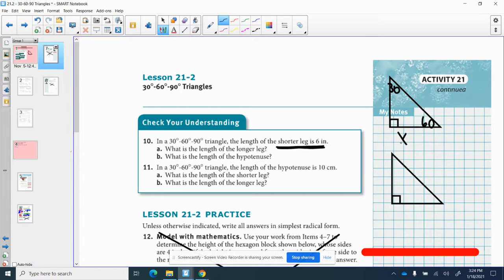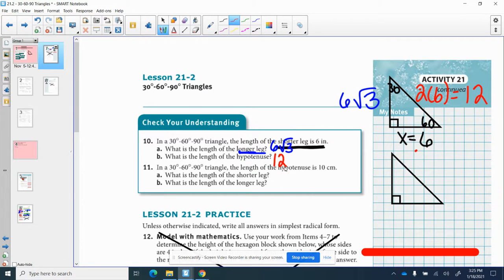That's great news because to find the longer leg, we're going to just take that value and multiply it by the square root of 3. And to find the hypotenuse, we're going to take this value and double it. So 2 times 6 is 12. So 6 times the square root of 3 inches and 12 inches.